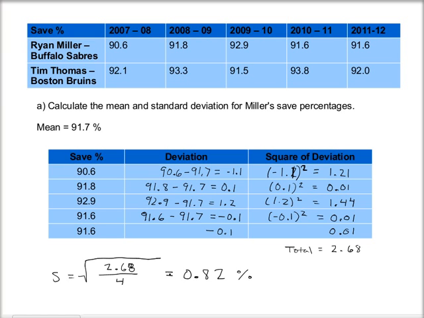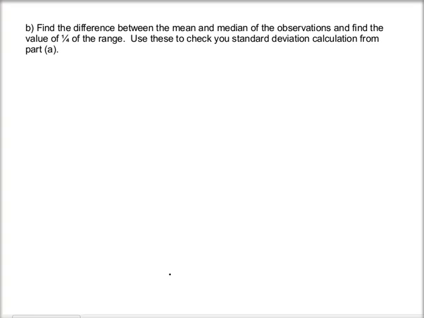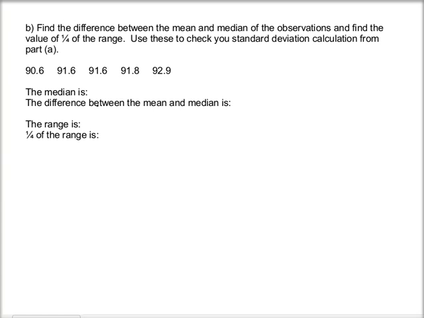Alright, let's move on to part B. We're going to find the difference between the mean and median of the observations and find the value of 1/4 of the range, and then use those to check our standard deviation calculation from part A. So the first thing I'm going to do is find the median. To do that, I need to arrange those 5 save percentages in increasing order, and I've done that here.